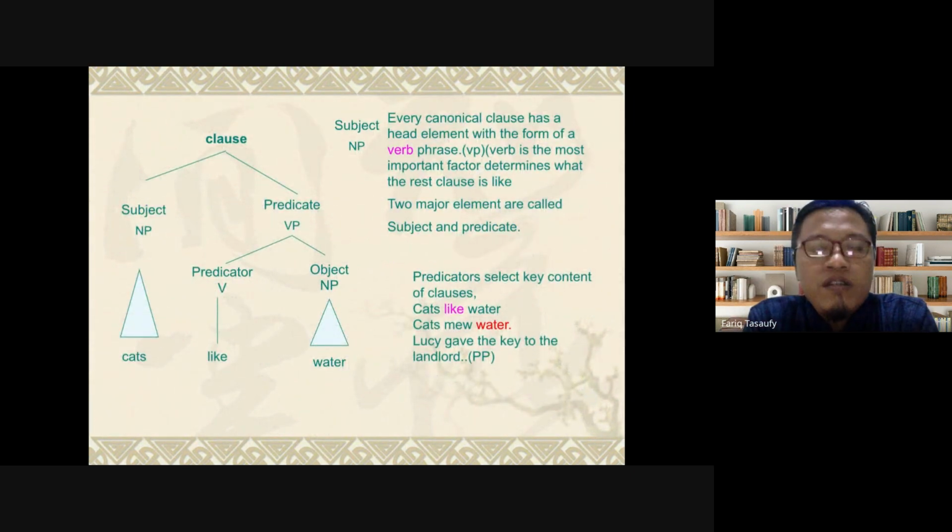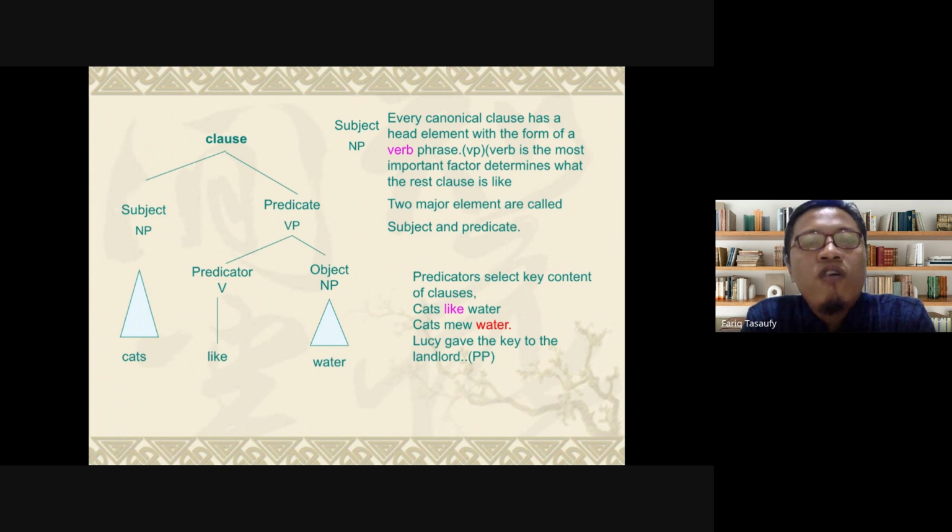In the clause structure, we know that every canonical clause has a head element in the form of a verb. In syntax, the verb is the core or central unit of the clause structure.